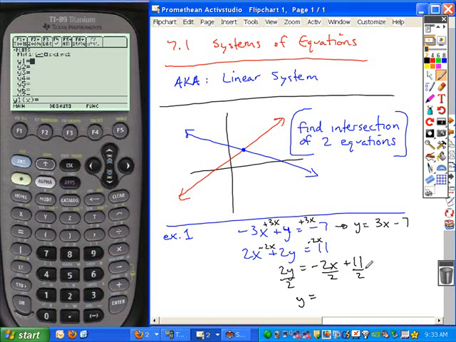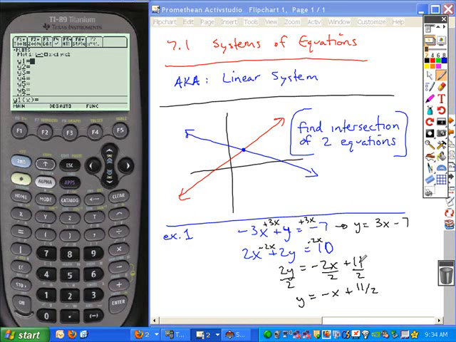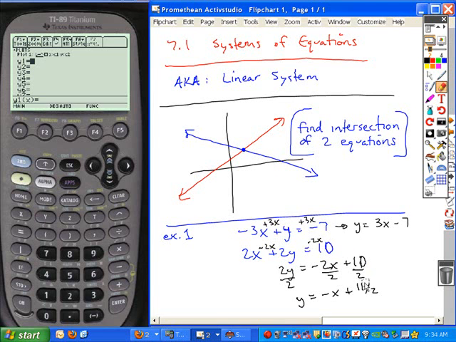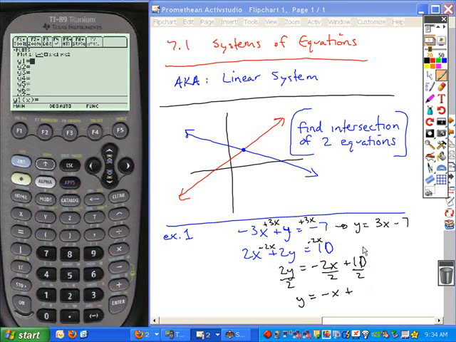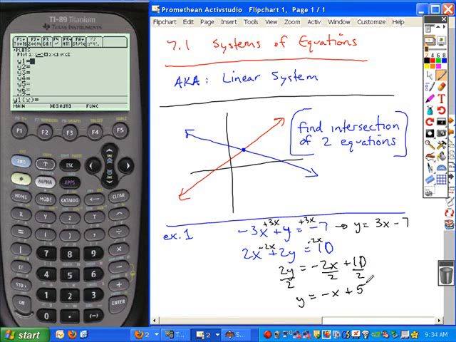So if we divide every term by 2, we'll get our remaining values. Oops, I wrote this number wrong. Hang on. This should be a 10, sorry. So this will give you a nice, easy number to work with.